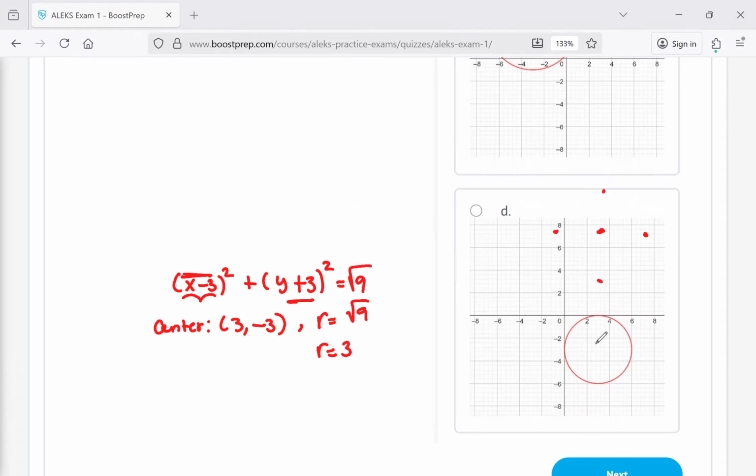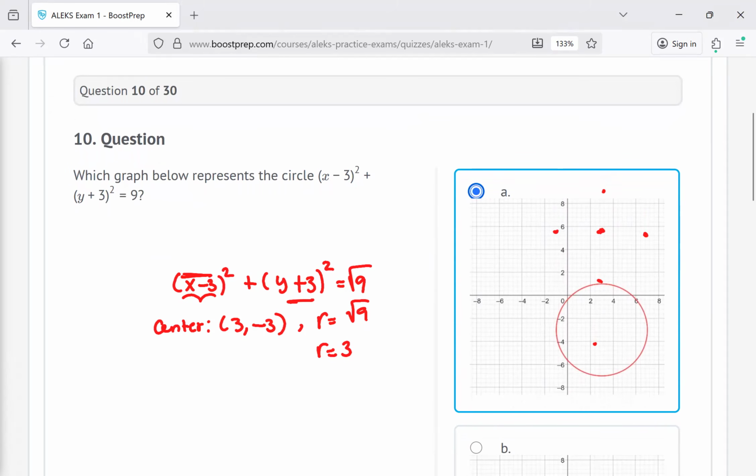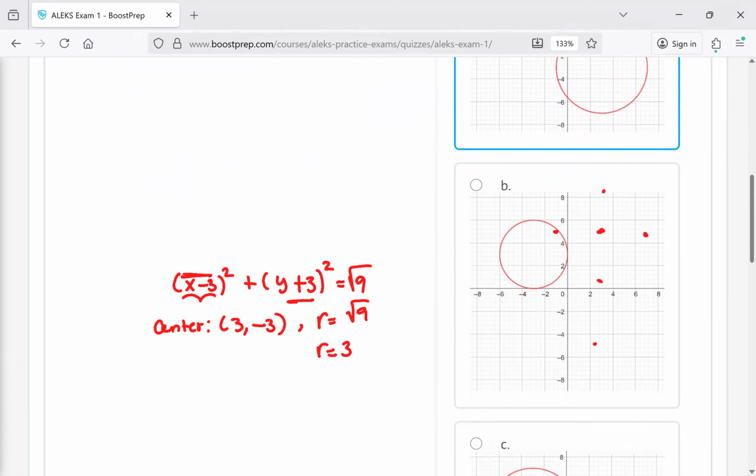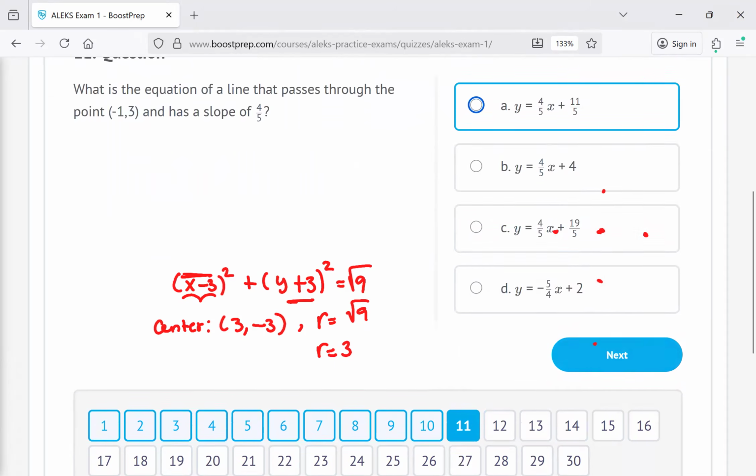And then if you go 3, no, I don't think it's D. Let me check my notes. Yeah, I think it's this one. Next.